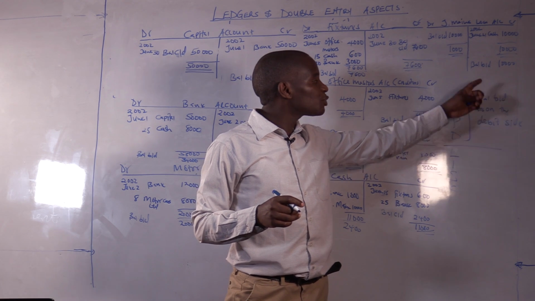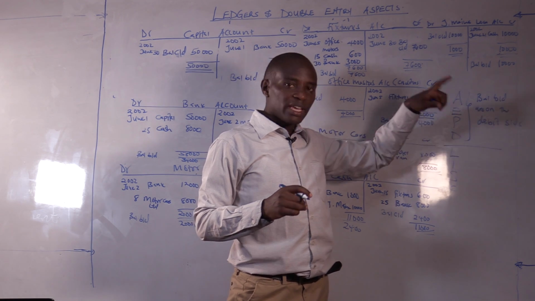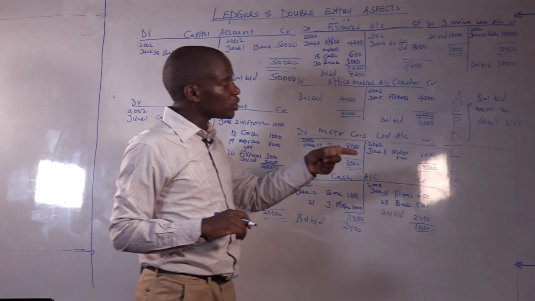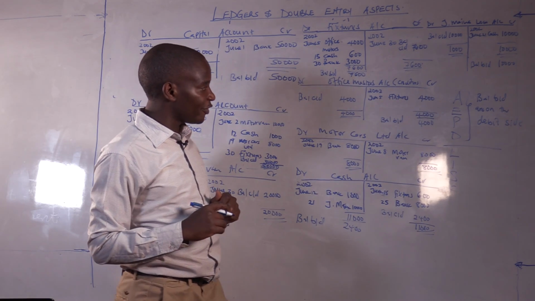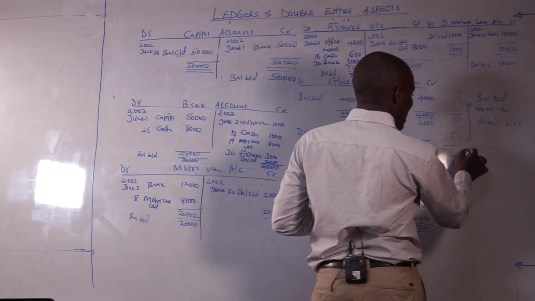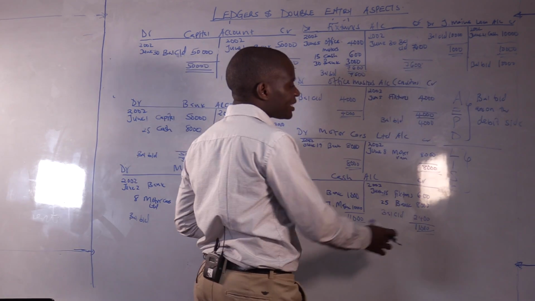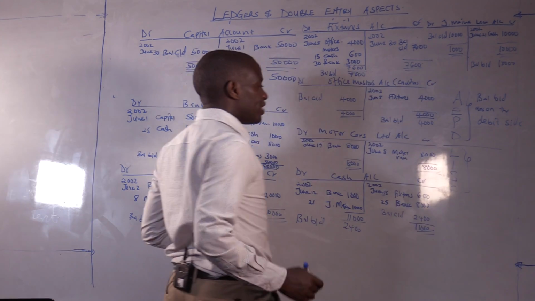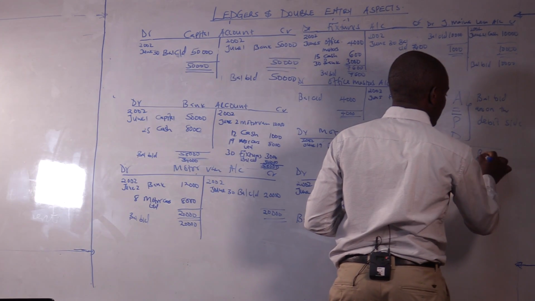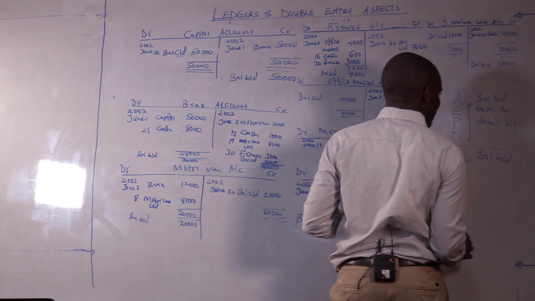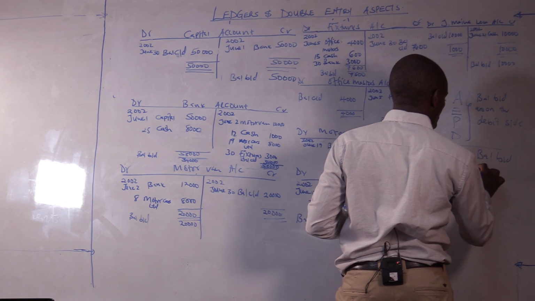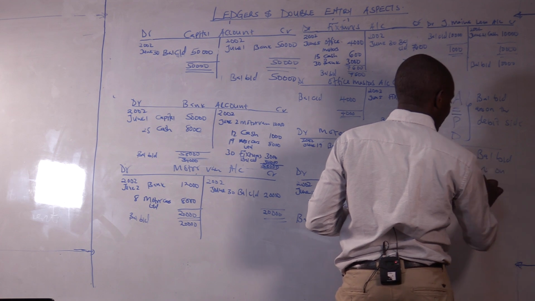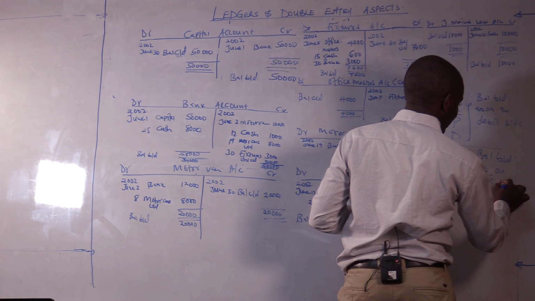Note that, because we shall be using this information in our next lesson. When we say the balance brought down is on the debit side, it is very important. For these other items, that is liability, income, sales, and capital, their balance brought downs will be on the credit side.